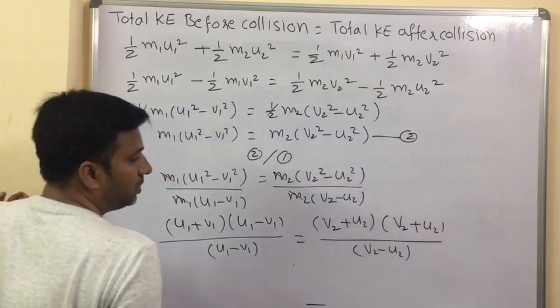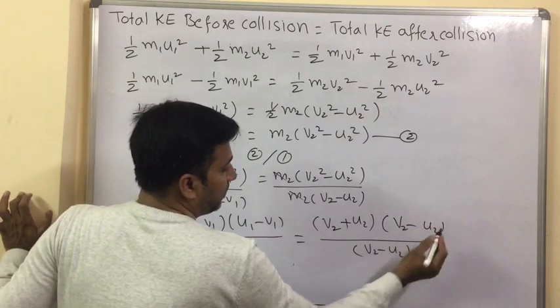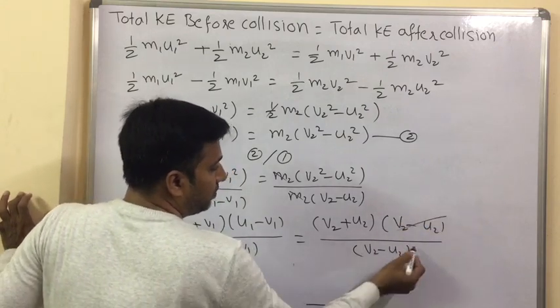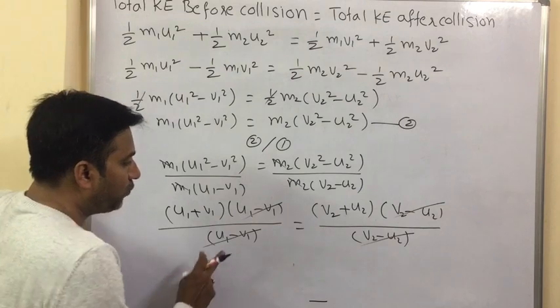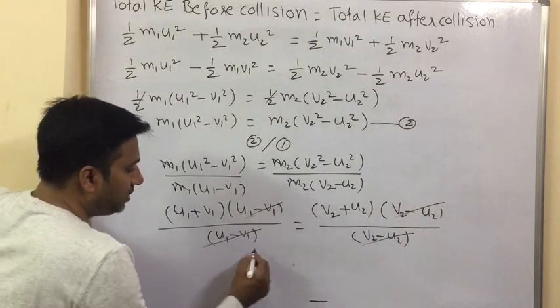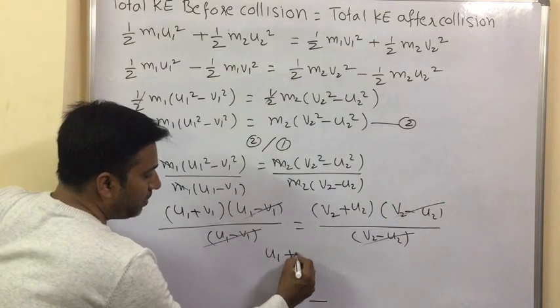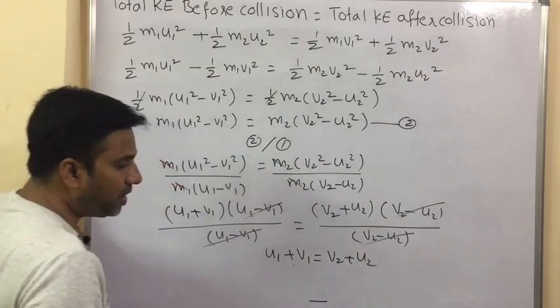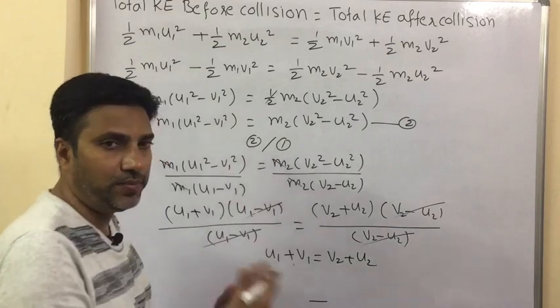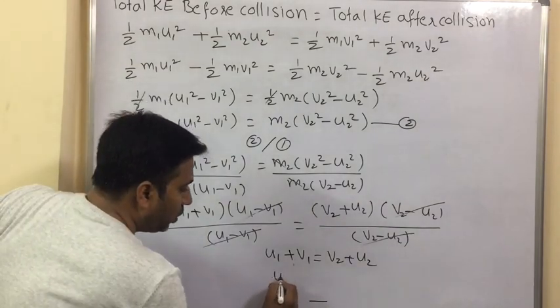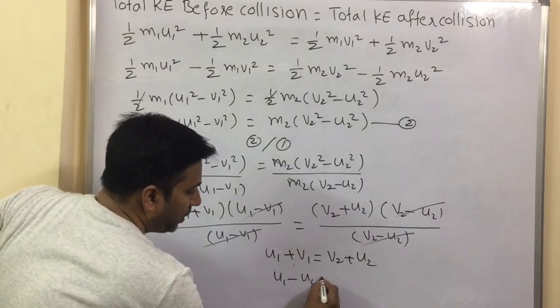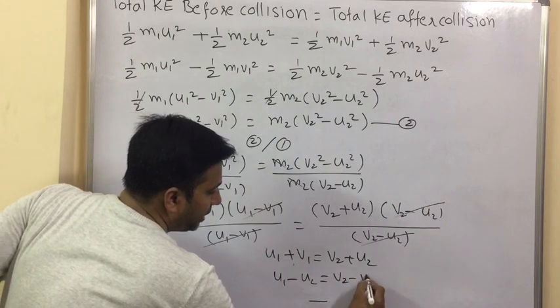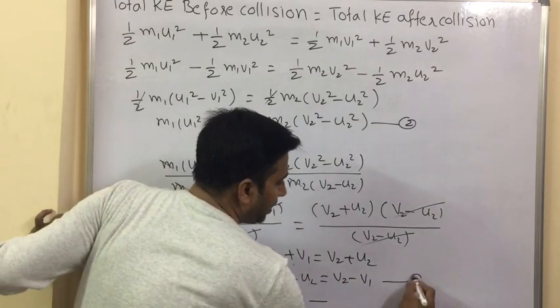Here this is minus, so this term gets cancelled. After cancellation, we write the left out terms, that is u1 + v1 is equal to v2 + u2. Now we bring all u terms to one side and v terms to the other side. So u1 − u2 is equal to v2 − v1. Make this equation number 3.